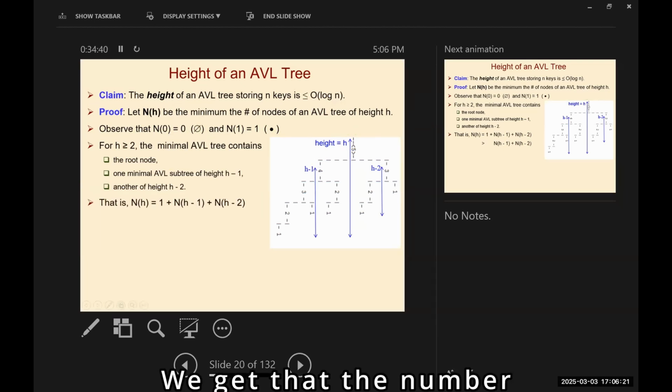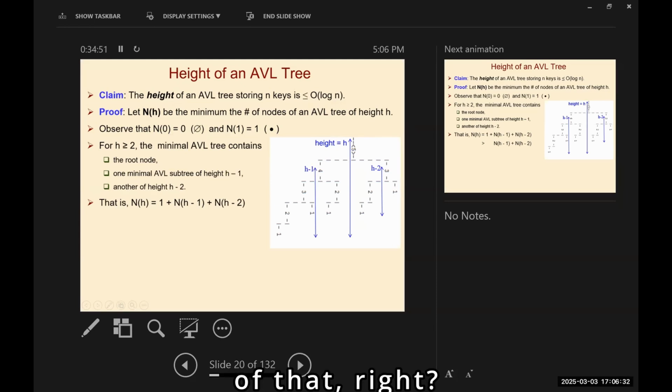And what do we get here? We get that the number of nodes you need here is the number over on the left plus the number over on the right for an AVL tree of that, right? Plus the root, right? Does that make sense? Because this is an AVL tree of height 4, which is as few nodes as possible, right?